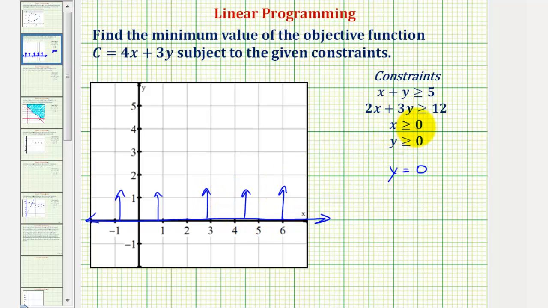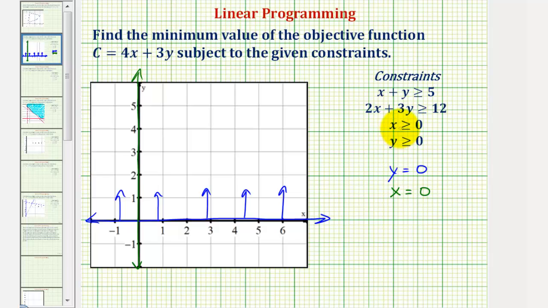Next we have x is greater than or equal to 0, so we'll begin by graphing the line x equals 0, which is a vertical line passing through 0 on the x-axis, which should actually be the y-axis here. Notice all the lines will be solid because each inequality does include equals.